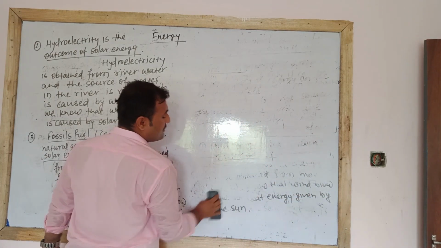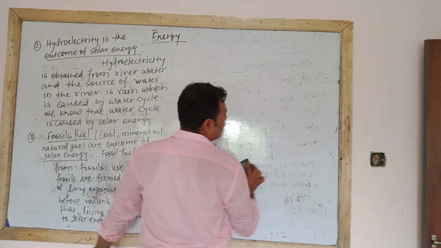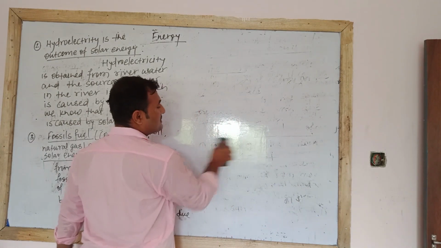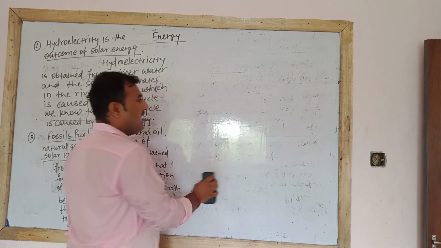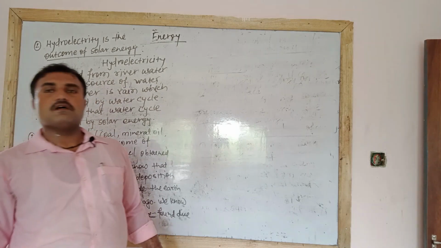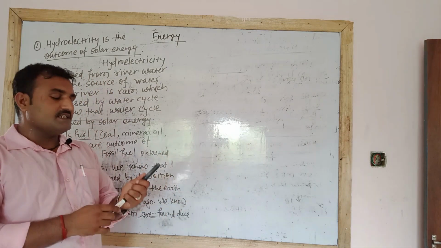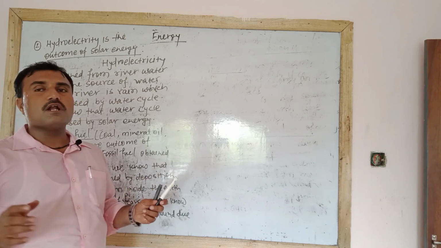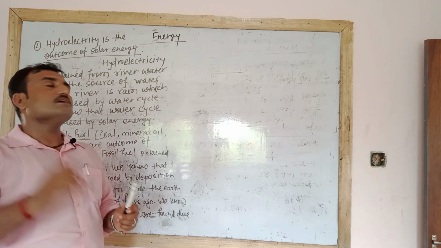The sufficient hydrogen, high temperature, high pressure help to produce enormous heat energy. And that enormous heat energy on the sun is caused by thermonuclear fusion reaction. And that is the main reason for the energy in the sun.